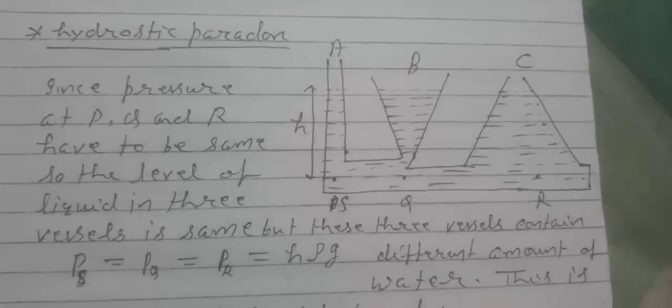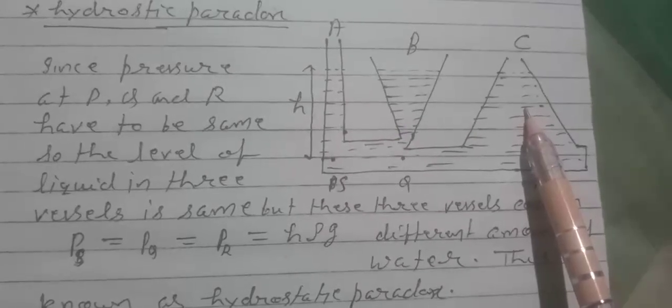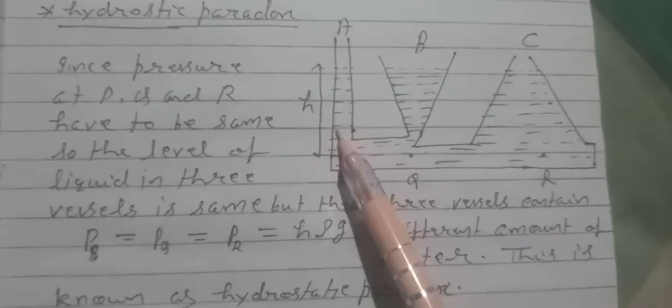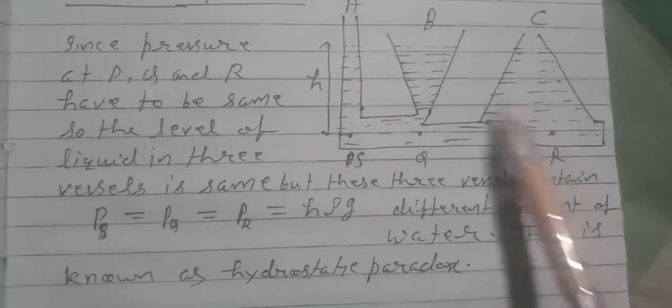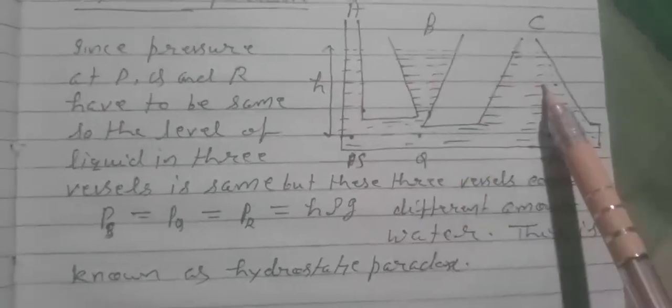Hydrostatic paradox. Here three different sized tubes are connected to each other, and these three vessels contain different amounts of water or any liquid.